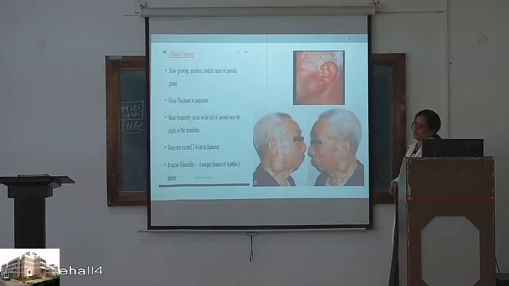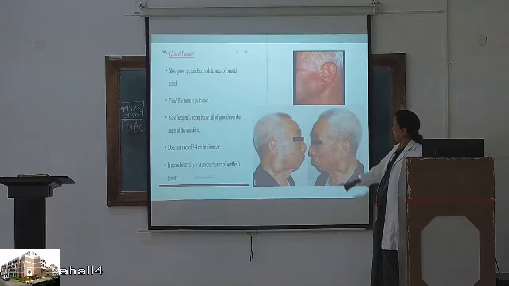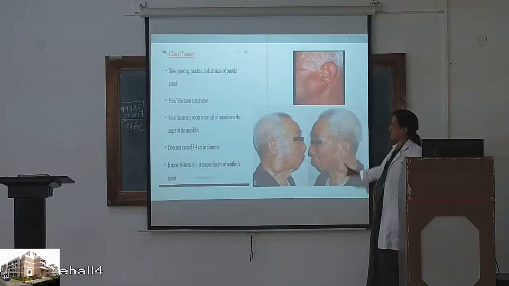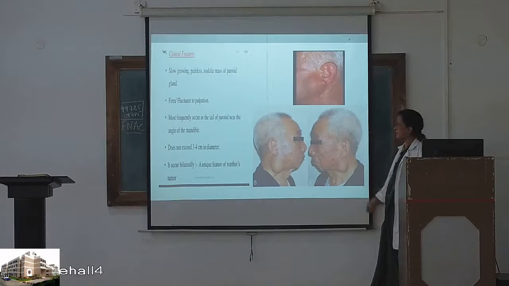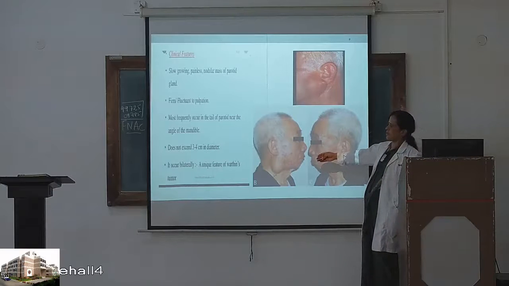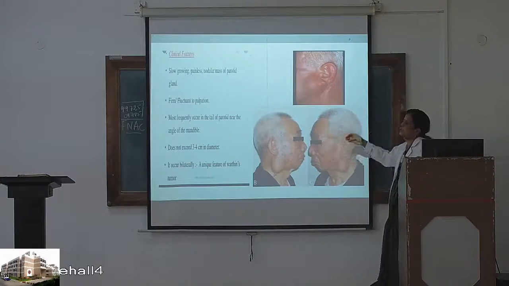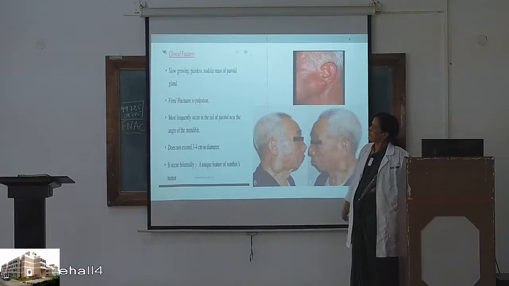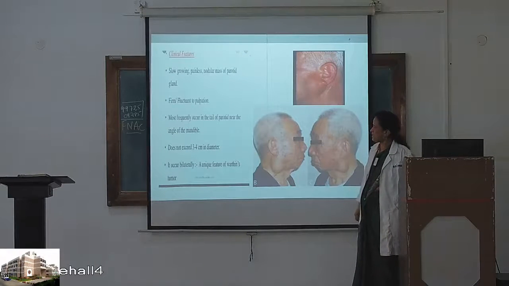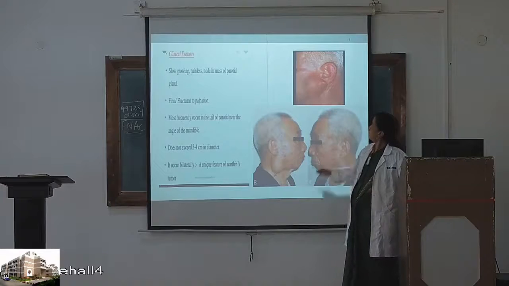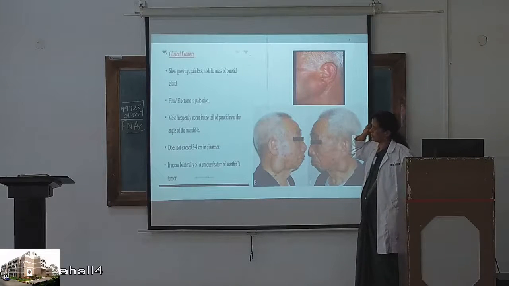See, clinical features now. Parotid. This is bilateral, right? Elderly male. This is the left side, that is the right. So, unilateral or bilateral. Slow growing painless nodular mass of parotid. And here the lobule is raised.